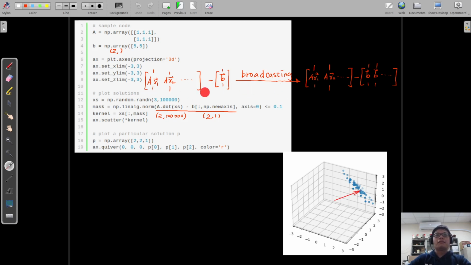If you have a matrix minus something like this, then in the end it will broadcast a lot of b here. It is Ax1 - b, Ax2 - b, and then you are curious about which Ax - b is very close to 0. So we use the same technique to do the mask and then plot the solution set. And lastly, this just tries to plot this p vector, which is the red arrow. So we see that the solution set is the kernel shifted by p.